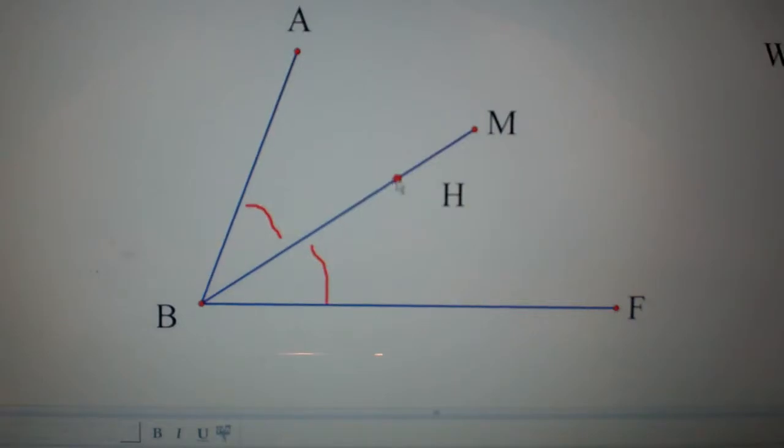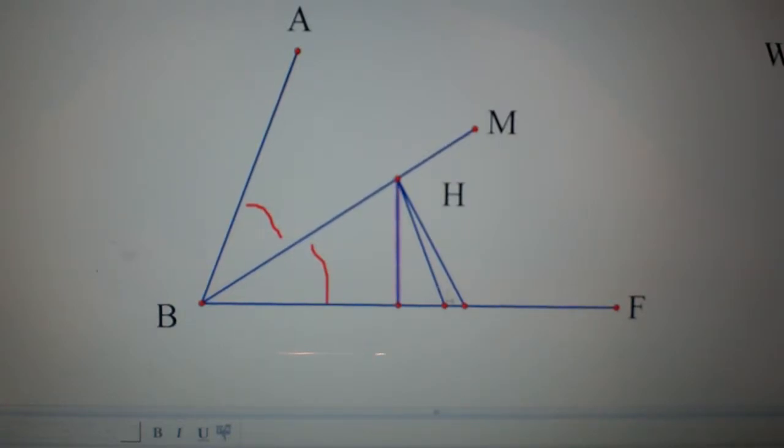In fact, the shortest distance from the point H to the side of the angle, BF, is not just any line I draw. So I can see here, I got a line here. Let's say I draw this line from H to the ray BF. Well, that line is actually going to be longer than if I drew this line. And those two are actually going to be even longer still than if I drew this line.